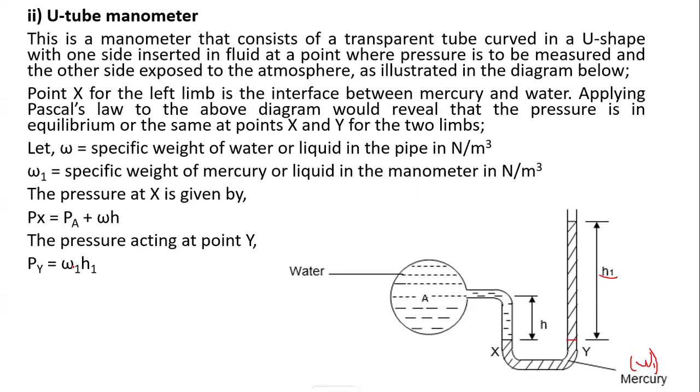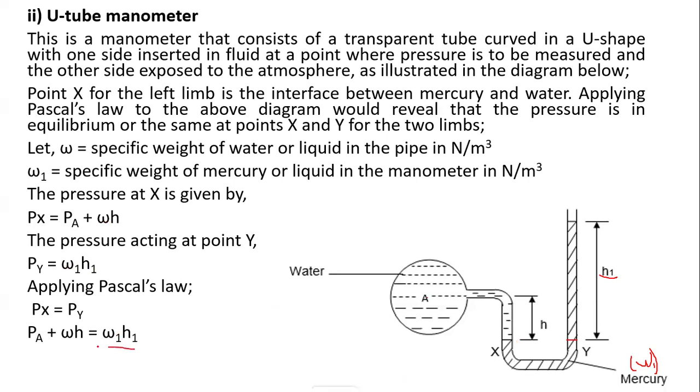Having done this, let's apply Pascal's law. Because we said with Pascal's law, the pressure at this point is equal to the pressure at that point because they are at the same level. Then we can express what is on the right, we just equate them. So PA plus omega H is equal to omega 1 H1.